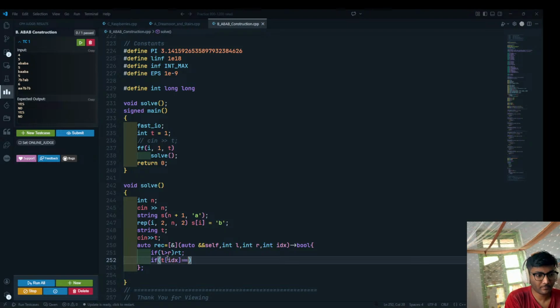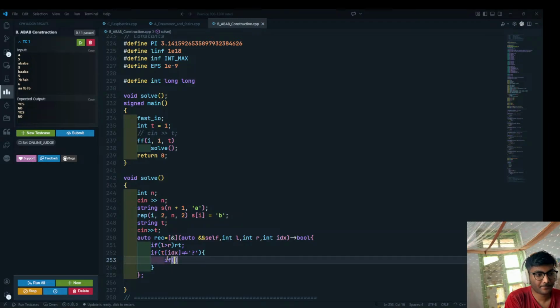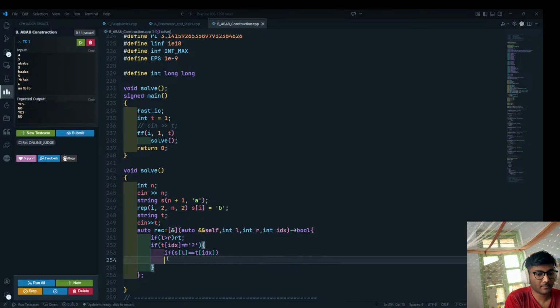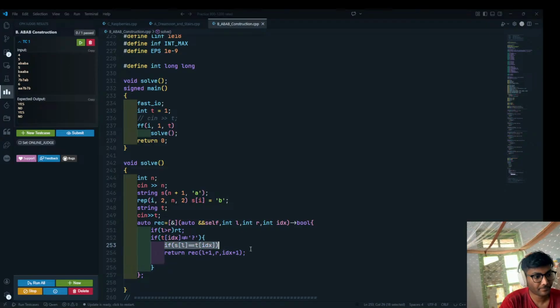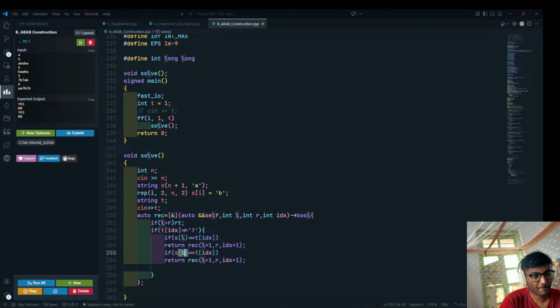If T of IDX is not equal to question mark, if S of L equal to T of IDX, or S of R equal to T of IDX, then return rec, L plus 1, or IDX plus 1, of course, and L and then R minus 1.